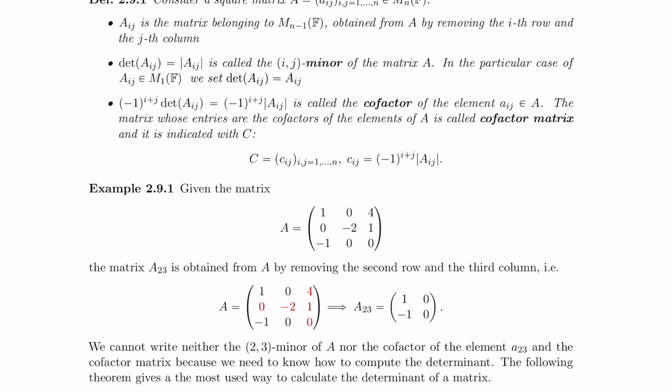If we multiply the ij minor of the matrix A by -1 to the power i plus j, then we obtain the cofactor of the element Aij of the matrix A. The matrix whose entries are the cofactors of the elements of A is called the cofactor matrix, and it's indicated with the letter C. I'm perfectly aware of the fact that these definitions come out of the blue. The only way to justify them is by introducing Laplace's theorem, which can be stated in a much simpler way thanks to these definitions.